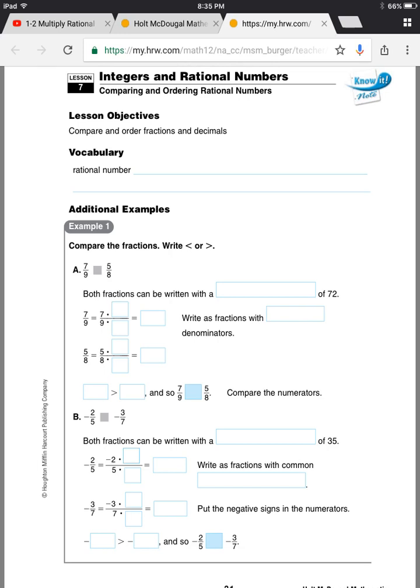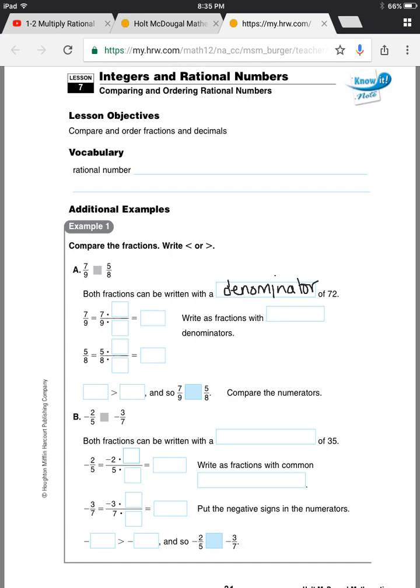Okay, so we are going to compare the fractions with a less than or equal to sign. So the first thing we need to do is rewrite these as equivalent fractions. Equivalent fractions mean equal, so we need to rewrite them with a denominator of 72 because that is the common denominator of 8 and 9.